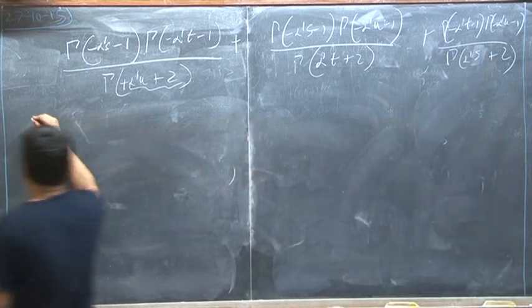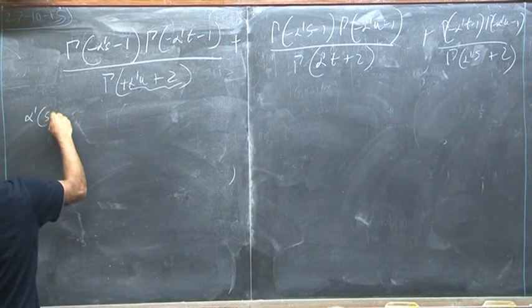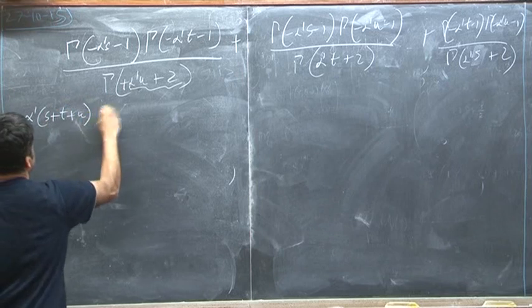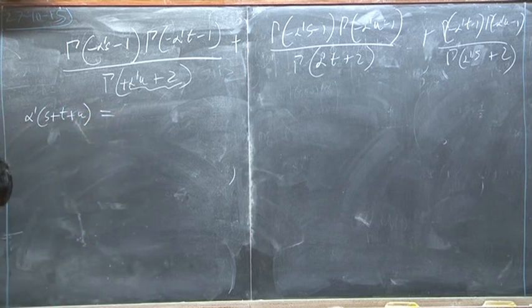And we had alpha prime into s plus t plus u, alpha prime into s plus t plus u was equal to, now was that minus 1?